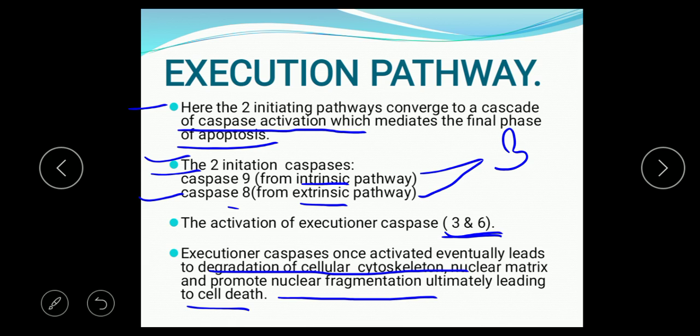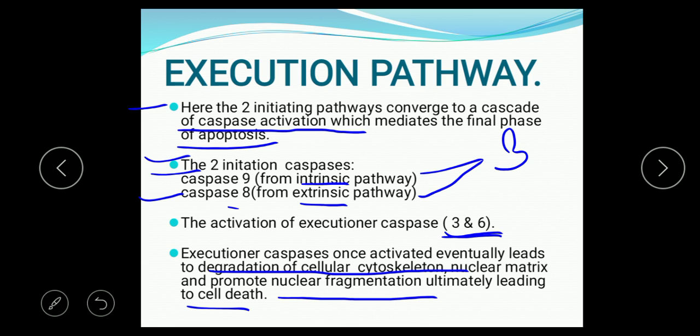Whenever there is activation of caspase 3, it activates the nuclease and protease enzymes. It clips the substances that were inactivating the nucleases and proteases. Once they are activated, the nucleases break down the nuclear content, that is they break down the DNA, RNA, and other nuclear proteins.